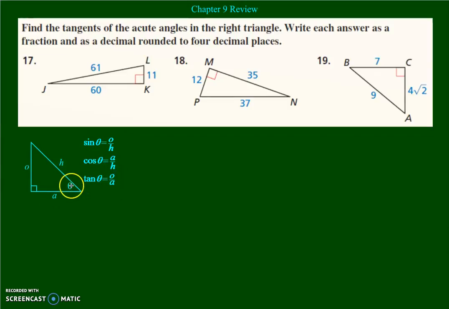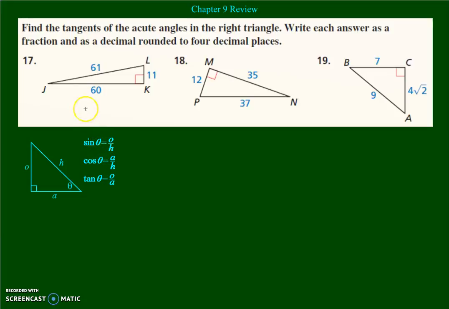Tangent is opposite over adjacent. So the idea is you run through the limerick starting at the angle until you have a match with all 3 values that you're targeting. So if we were looking for this and this, it would be some old horse, and that's what we would use to set up our expression.